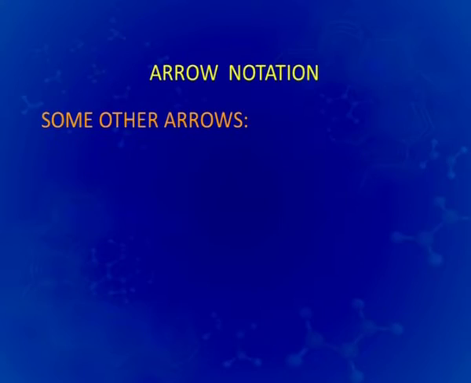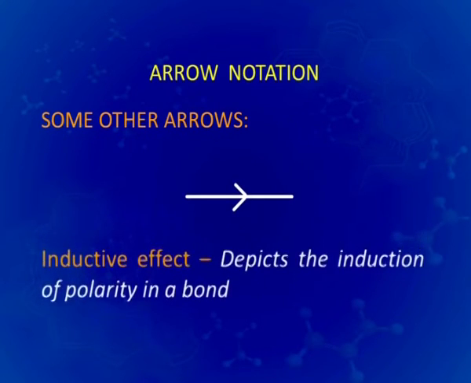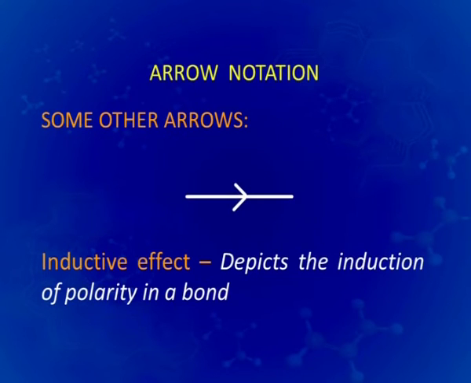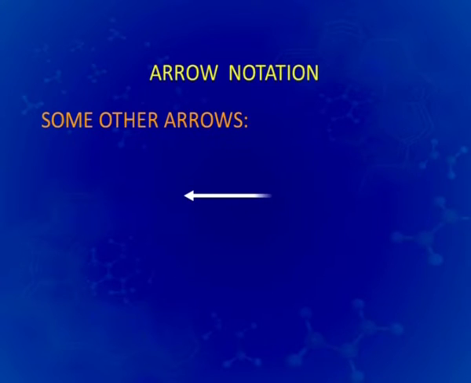There are a few other arrows which are used while depicting reaction mechanisms of organic reactions. We have an arrowhead made in between on a line, which depicts the inductive effect. The inductive effect basically depicts the induction of polarity in a bond. And we have a double headed arrow, which has heads on both sides and depicts resonating structures.